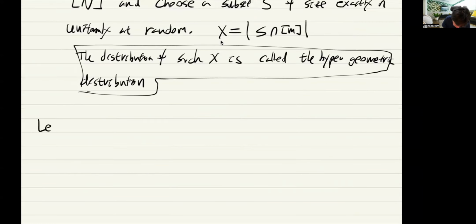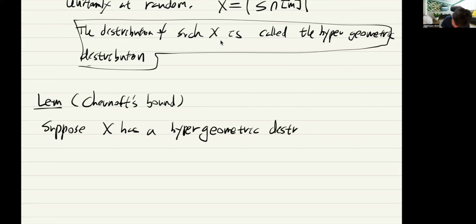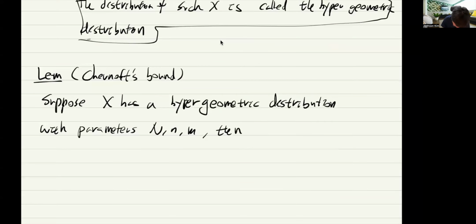Suppose X has a hypergeometric distribution with parameters n, m, and the probability that this X deviates from the expectation by t is at most 2 times e to the negative t squared over 2n.